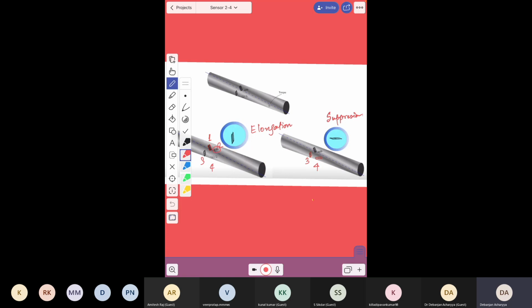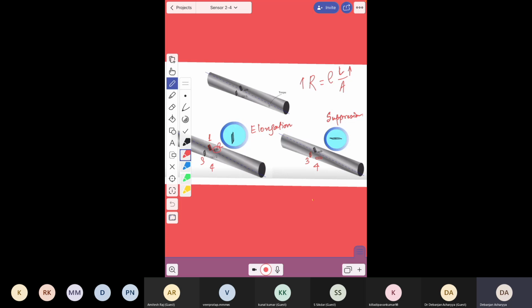I already told you that if you elongate your strain gauge, R equals rho L by A. So if L is changing, R will also change.